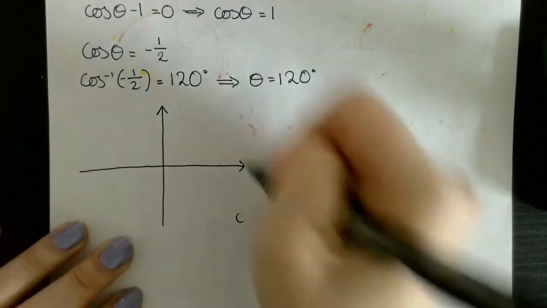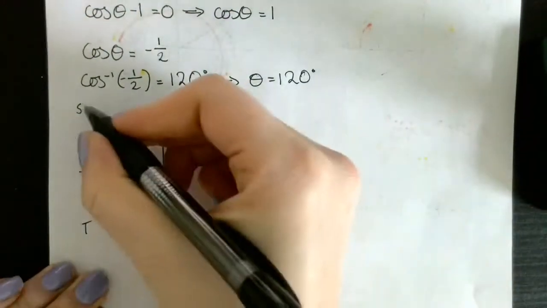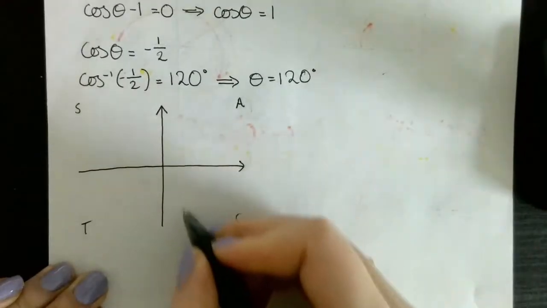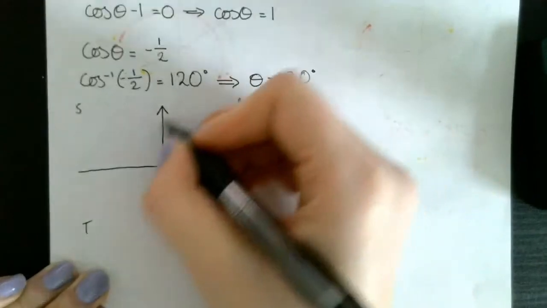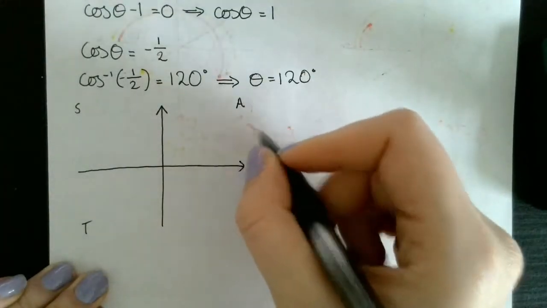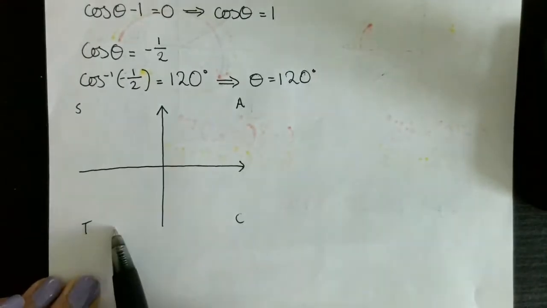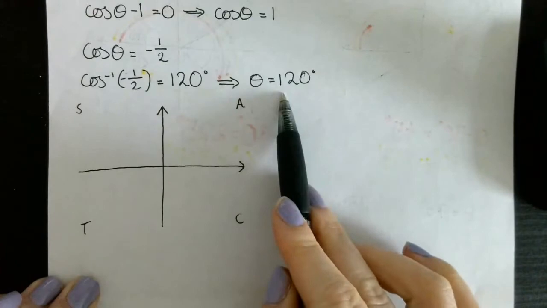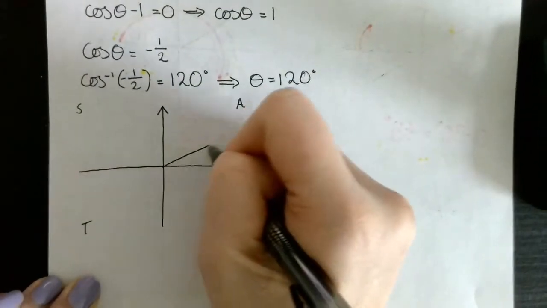Now, the way that these CAST diagrams work, we've got C, A, S, T. In this quadrant, that's when values of cos theta are positive. In this quadrant, that's when all of our trig values are positive. Here, when sine's positive, and here is when tan is positive. We know that 120 makes an angle of 60 degrees with the horizontal.